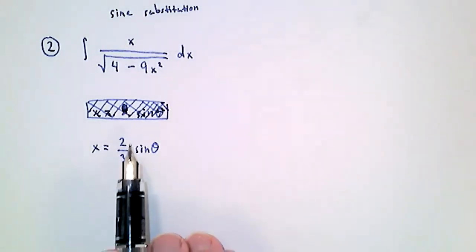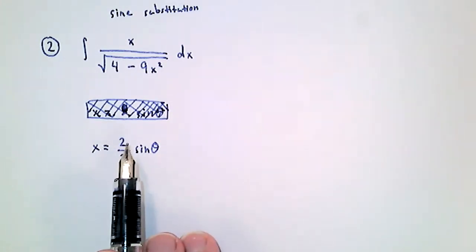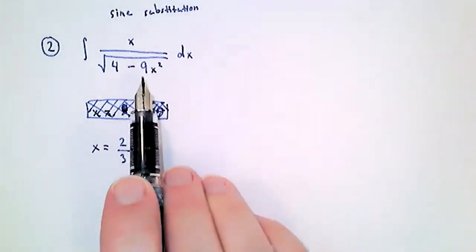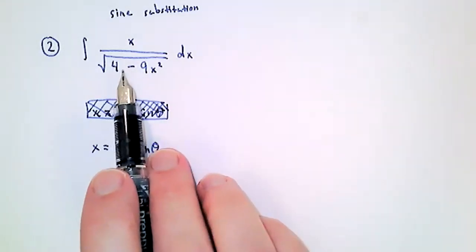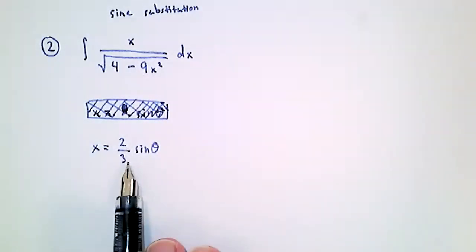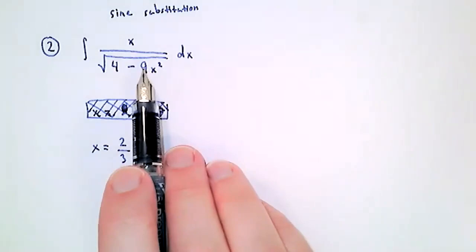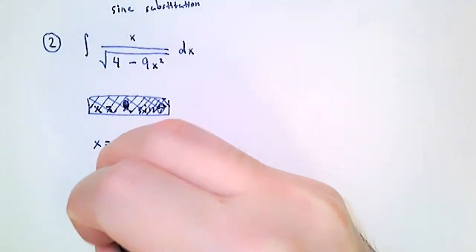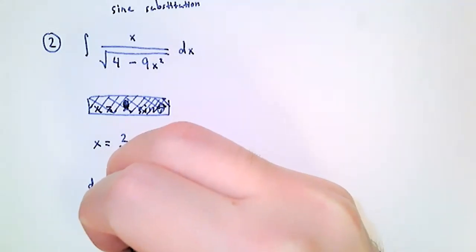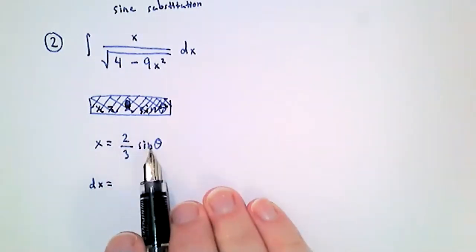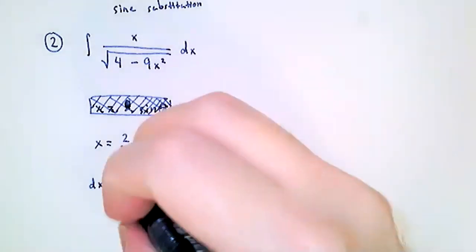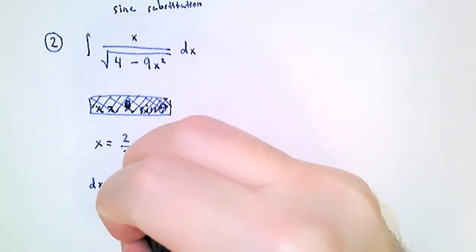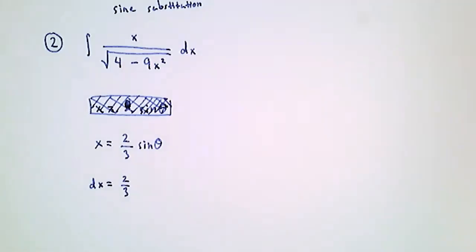Okay, so squaring this fraction will give us a 4 over 9. The 4 we want to match up with this constant, and the division by 9 will cancel off this one. And then dx, we just need to take the derivative of sine to get a cosine theta, d theta.